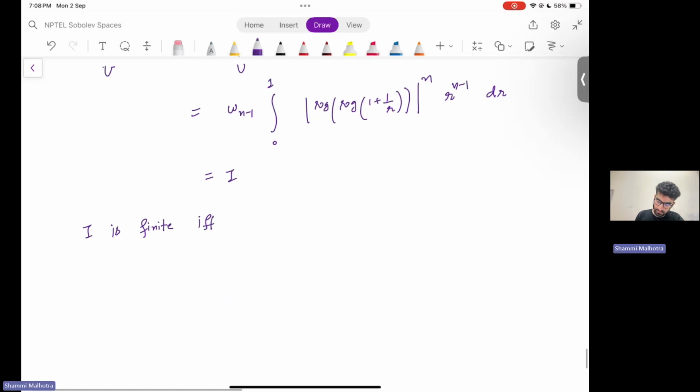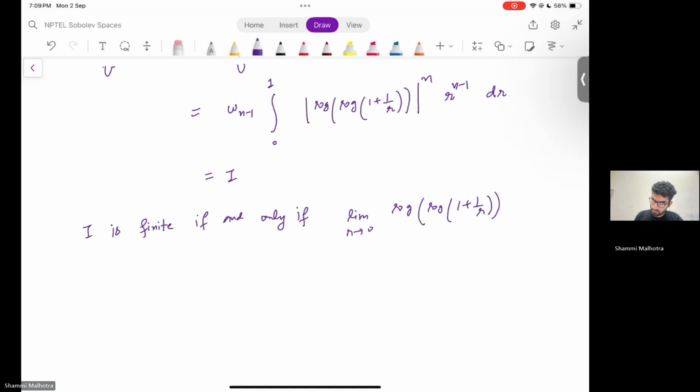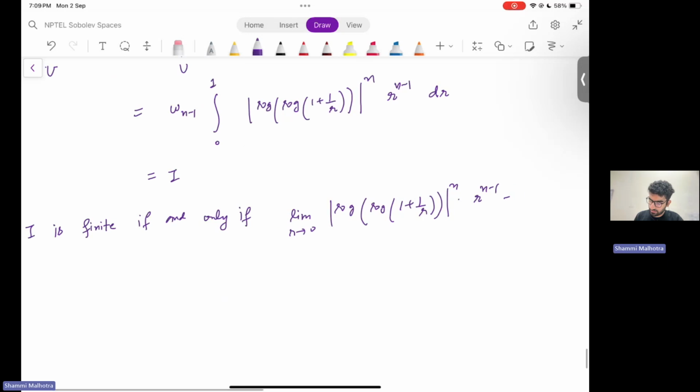if and only if the limit as r tends to 0 of log of 1 plus 1 upon r whole power n times r to the power n minus 1 exists.